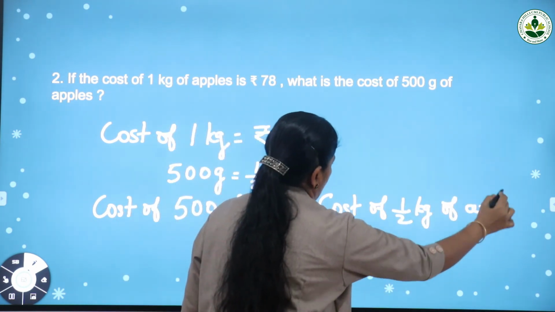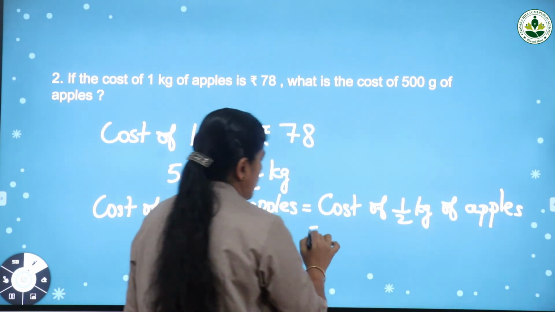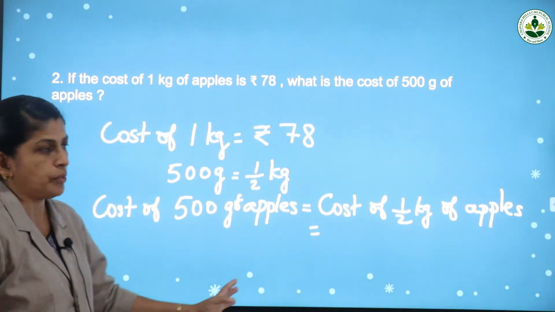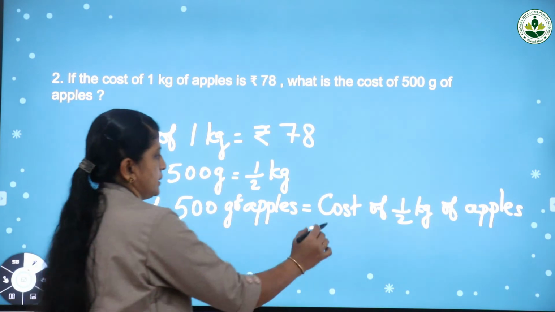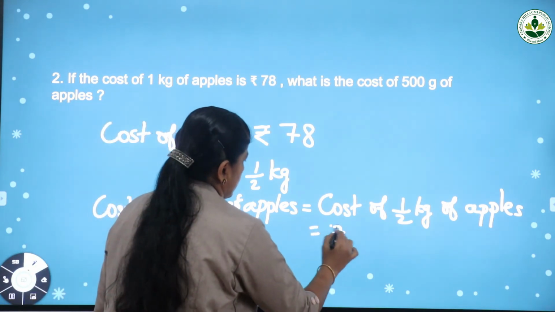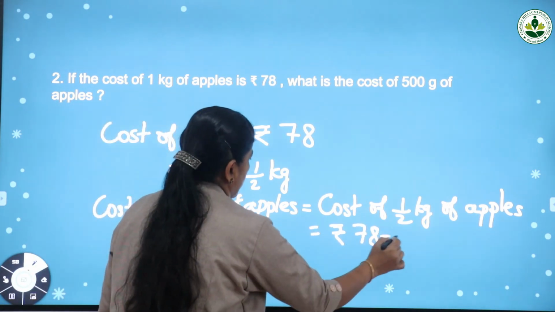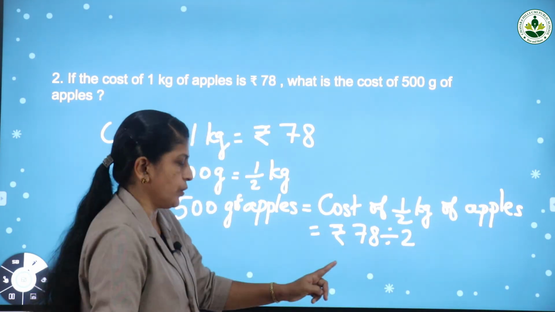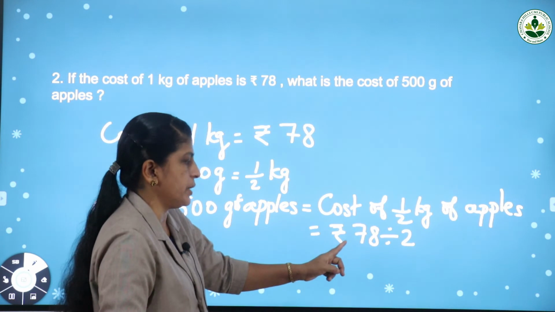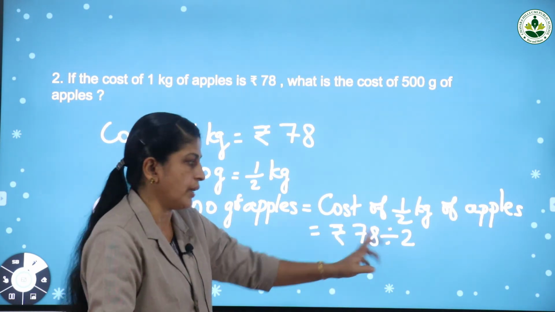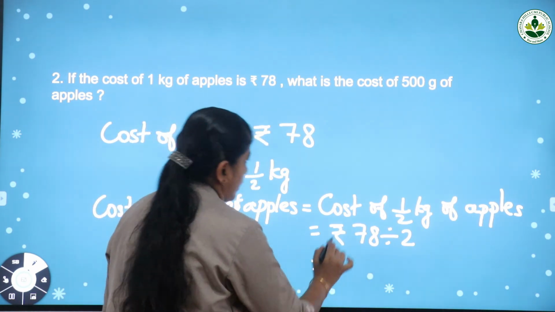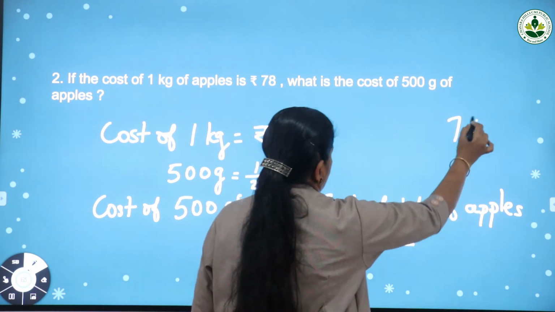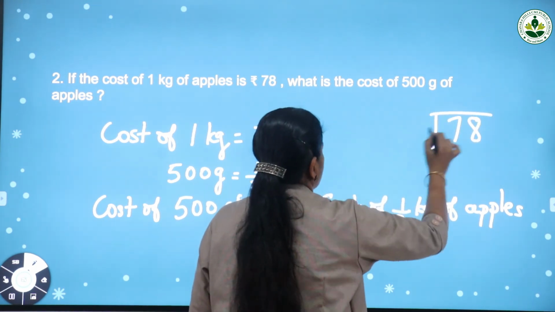Half kilogram of apples is half the cost of 1 kg of apples. Therefore, that is 78 rupees divided by 2, because 78 rupees is the cost of 1 kg. Then divide. You all have studied division, 78 by 2.